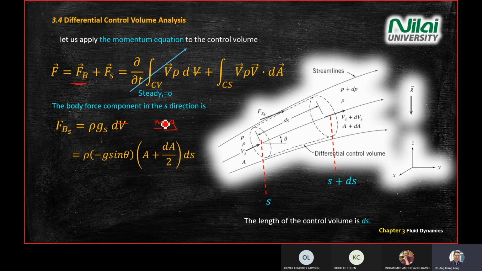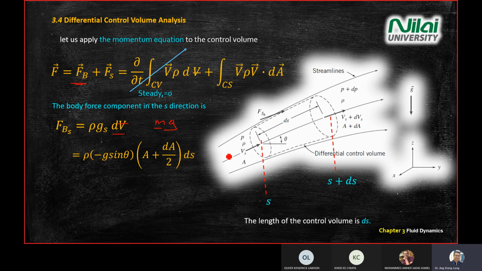So to get mass, we take rho times volume. Apologize for the wrong notation. So this is a volume. When you derive the volume, we take area times ds, we get volume. So A plus dA is the differential difference in the system, times the ds over here, we get our volume.